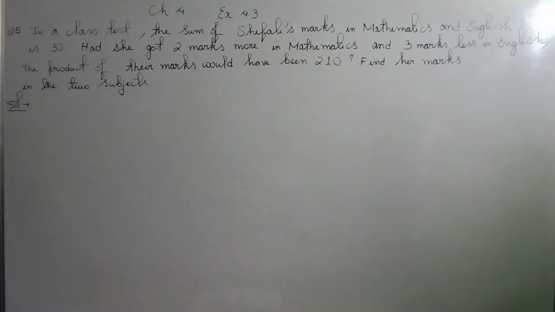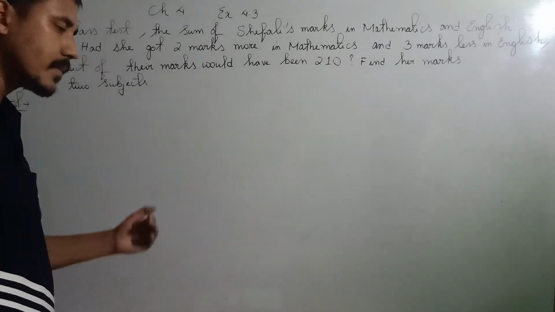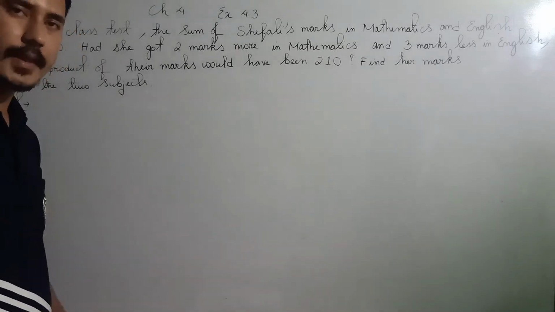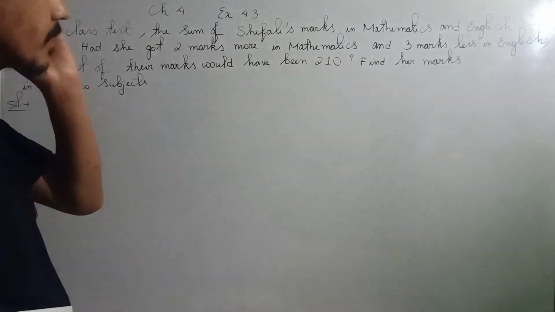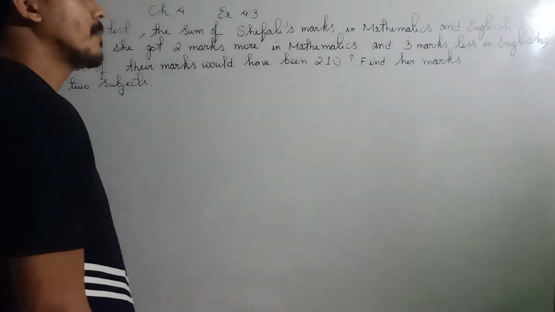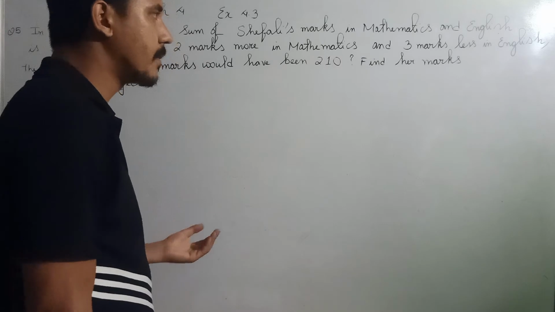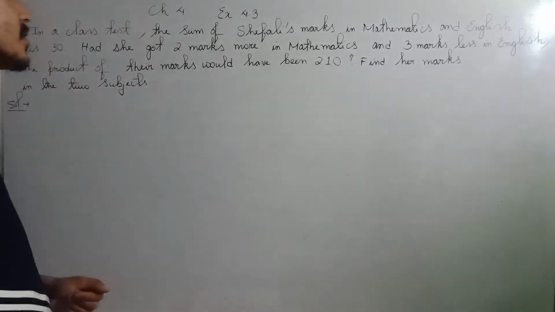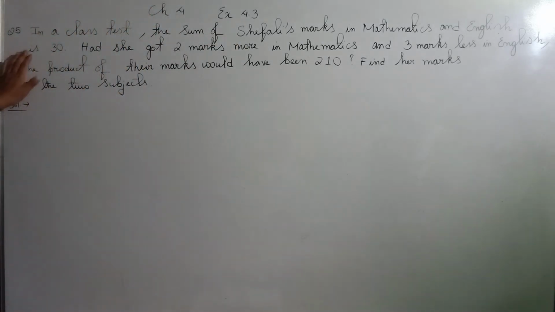So now let us look at question number 5 here. In a class test, the sum of Shefali's marks in maths and English is 30. That means Shefali appeared in a test, and when she adds up her marks in maths and English, the total is coming to be 30. Only 30.